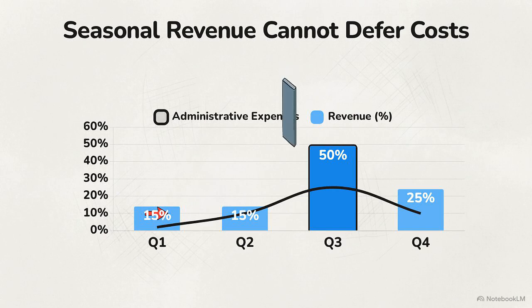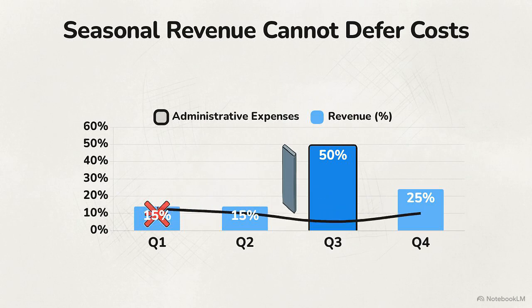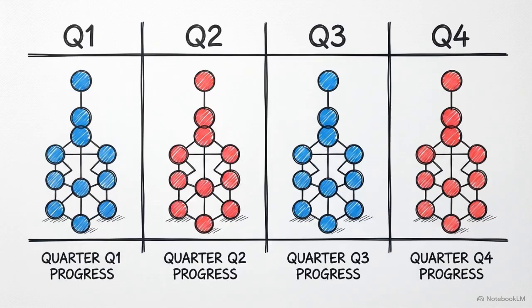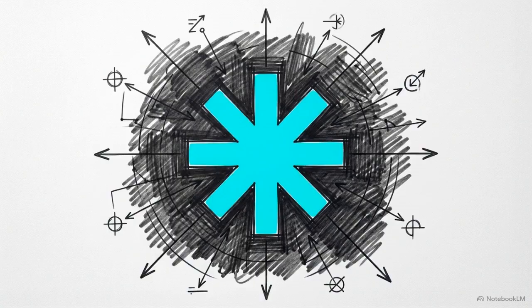AS25 explicitly forbids this. The standard dictates that income and expenses must be recognized strictly when they are earned and incurred. Costs can only be anticipated or deferred in an interim period if it would also be appropriate to do so at the end of the full financial year. Uniform expenses must be recognized evenly. There is, however, one major exception to this chronological strictness: income tax.